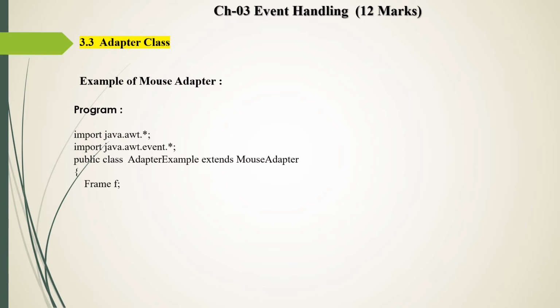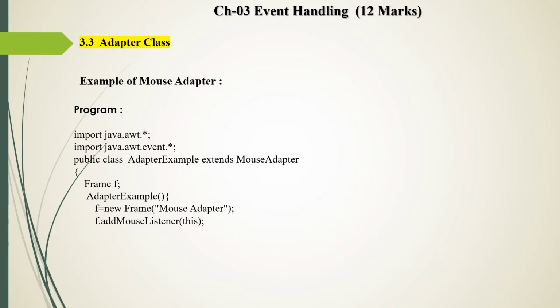Then we create one object of Frame. Next we define the constructor of our class AdapterExample. Then we give the title for the frame. The title of the frame is Mouse Adapter. Next, we register our frame with the mouse listener.